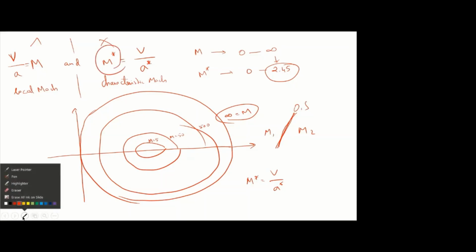Is that clear? Sometimes a few students confuse this M star with the sonic. But sonic is different, this M star is different. For example, take a CD nozzle. Here the flow is subsonic, M1 is less than 1.